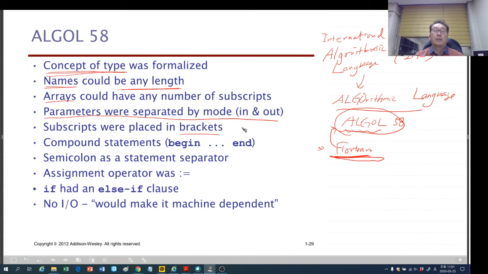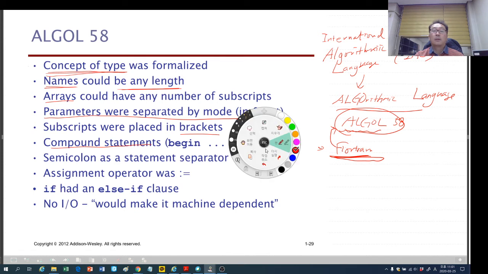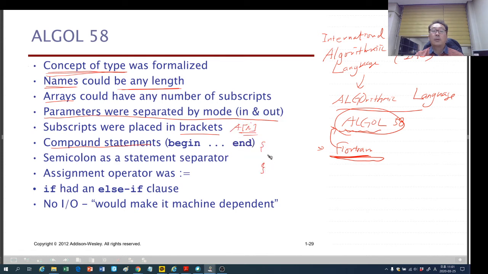They use brackets, and there is a compound statement, begin and end. For example, in C or Java, we use this block. So it is called a compound statement, and they introduced a semicolon, and they introduced assignment and if and else.